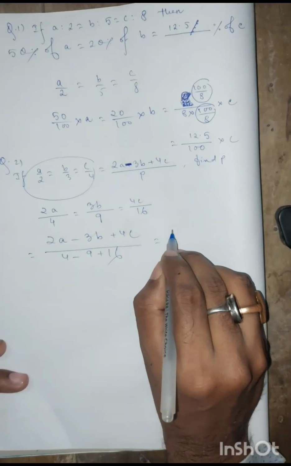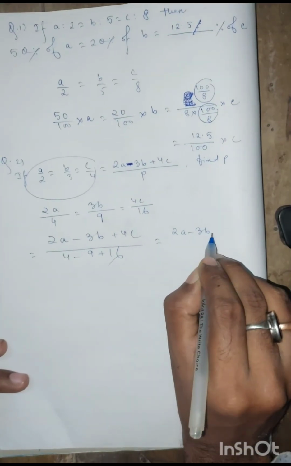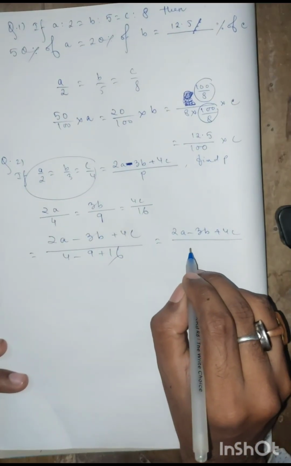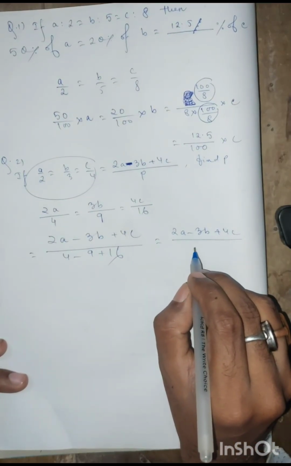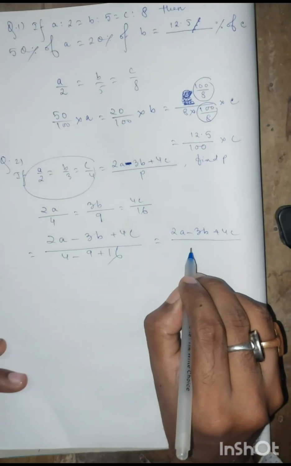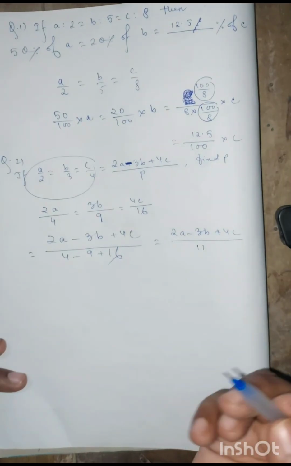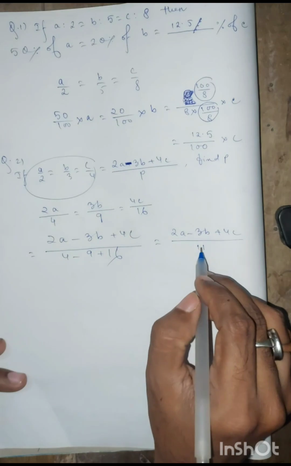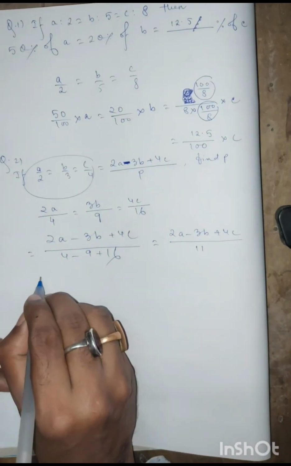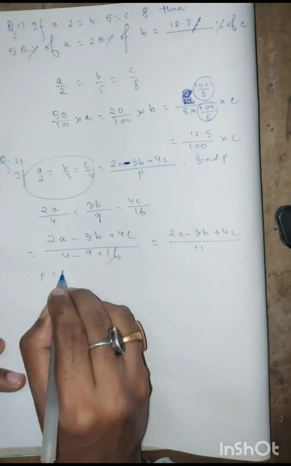This is equal to 2a minus 3b plus 4c by 11. So the value of P is equal to 11. We can compare these two quantities. So we can write P is equal to 11.